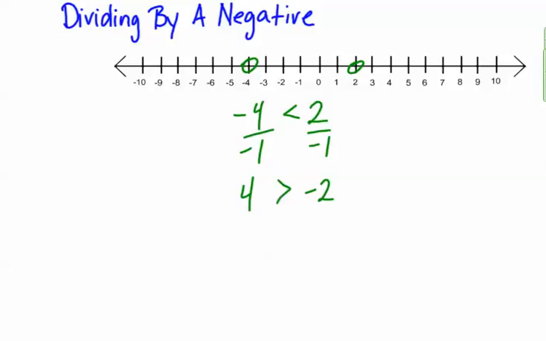So dividing by a negative means the inequality relationship changes fundamentally. Now here you can see I just used a -1. You can see that essentially what happens is that the signs change in the numbers. And so this is always going to happen. You're always going to have to reverse your inequality sign when you multiply or divide by a negative.